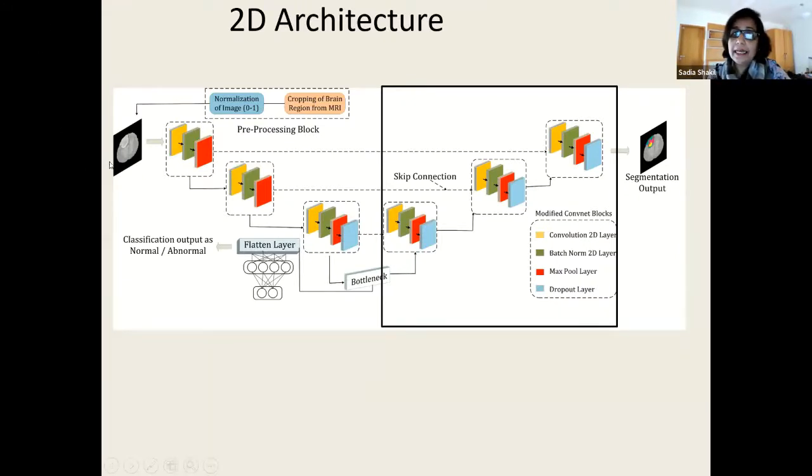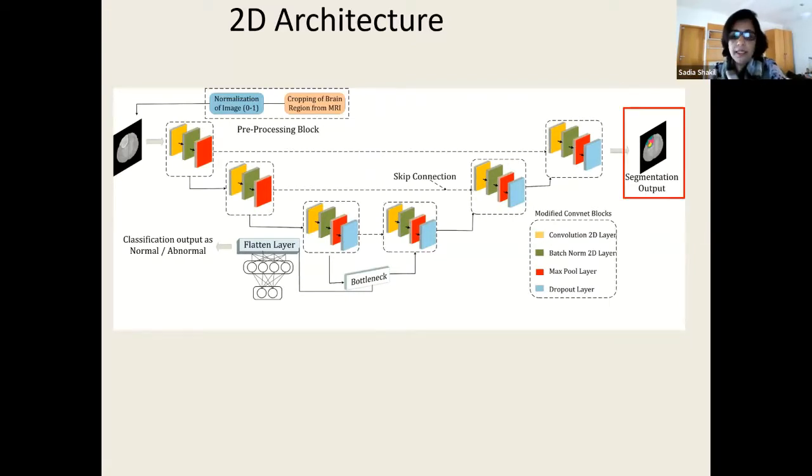Because in the input, we did not only provide the images themselves, but we also provided the information about segments, about where the brain tumor is and the different parts of the brain tumor, based upon the annotations or labeling that we obtain from experts. Based on that, in the encoding part, our algorithm could learn how to differentiate those parts from the rest of the image. And at the end of the decoder part, it could actually give us the segmented output.